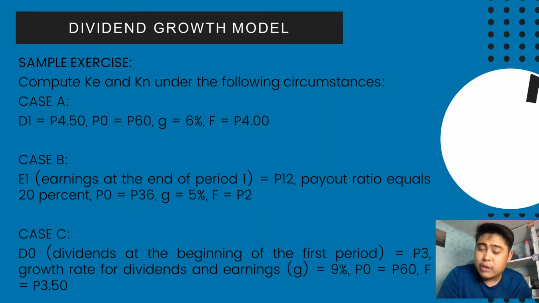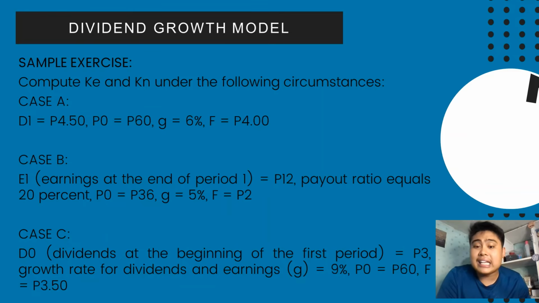Pag sinabing pinay out, dineclare as dividend. Samantalang, ang retention ratio ay yung percentage ng net income na hindi dineclare as dividend kung hindi na-retain sa retained earnings. Kaya nga, kung ang payout ratio, kung for example, 20%, automatic, the retention ratio is 80%.